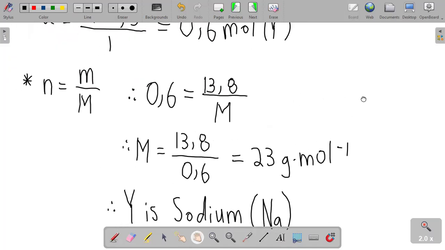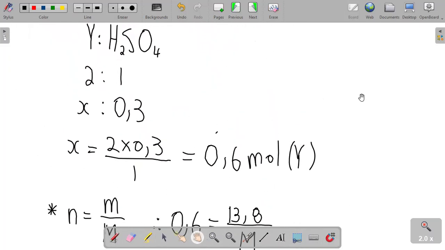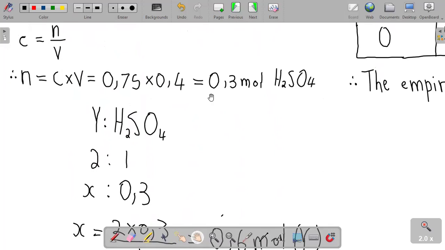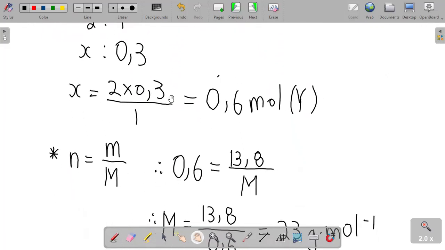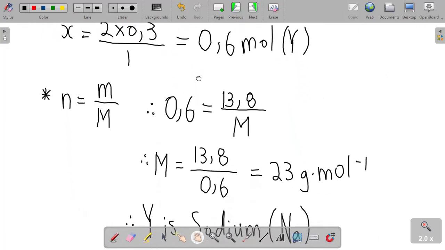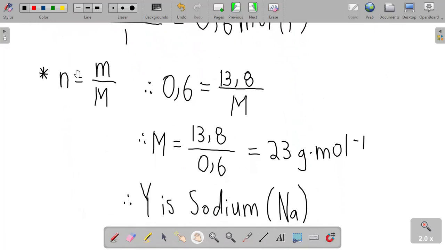So what did we have to do here? We had to find the number of moles of sulfuric acid, so that we can use the ratio to find the number of moles of element Y. After we find the number of moles of element Y, 0.6, we use it here to find the molar mass, because the molar mass is obtained from the periodic table.